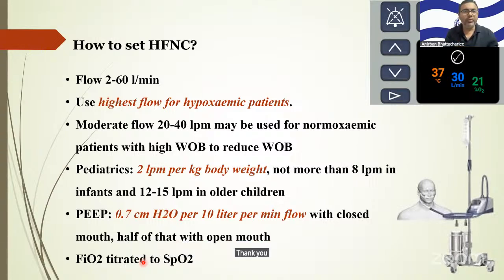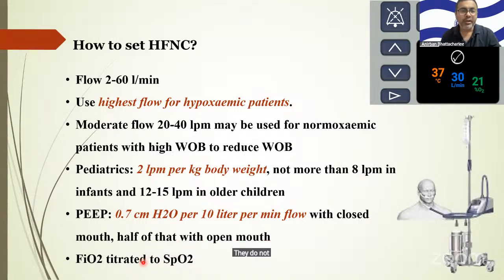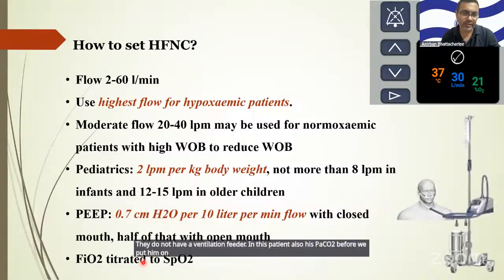Thank you, sir. So, as we can see, in patients with acute hypoxemic respiratory failure, physiologically speaking, they do not have a ventilation failure. In this patient also, his PaCO2 before we put him on HFNC was 32. So he was anyways hyperventilating to compensate.